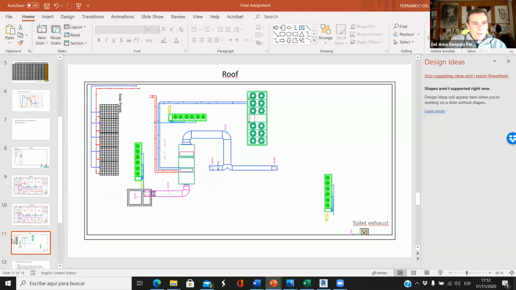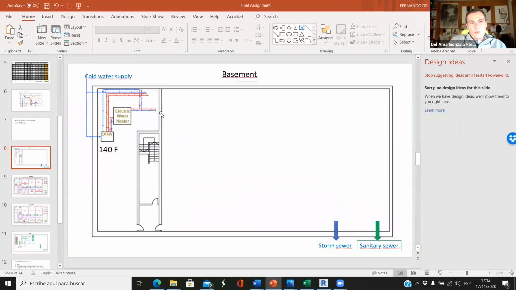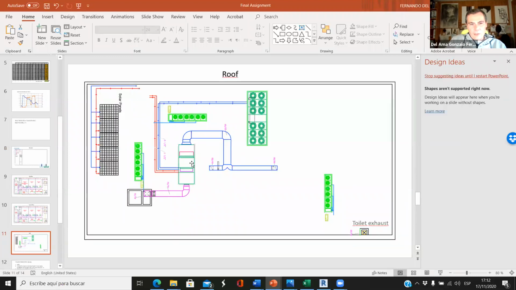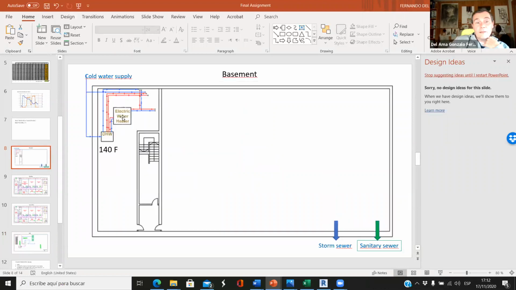So that's why we need two different water heaters or two different tanks, one for the domestic hot water and the other one to heat up the air of the air handling unit. So this is the first thing we need to understand. Here we need two water heaters. We are not calculating the size, but we need both. We need two of them.